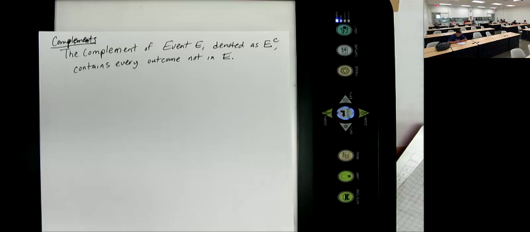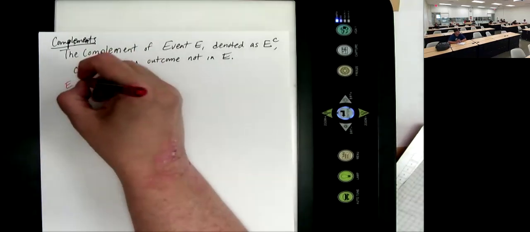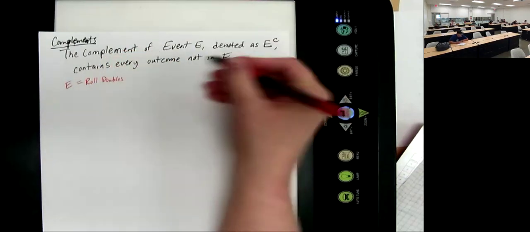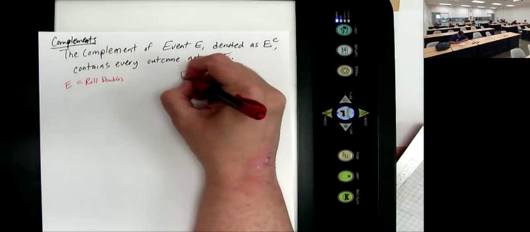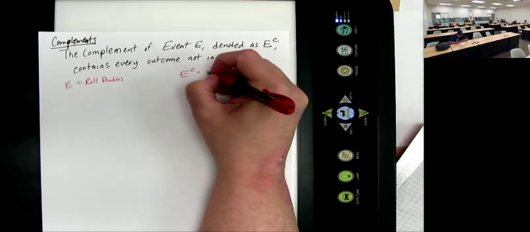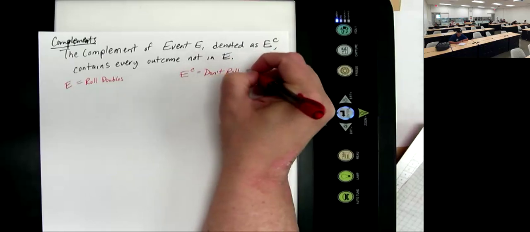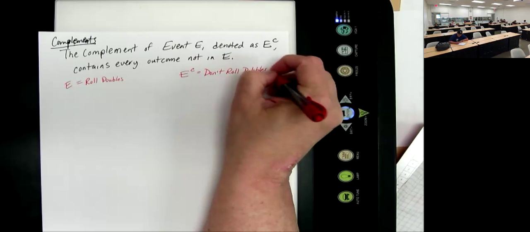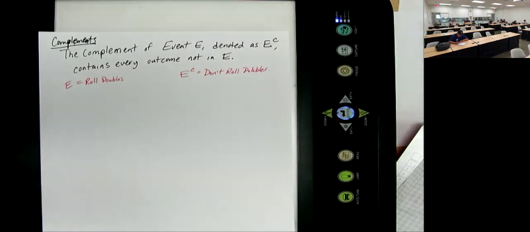So like if E was roll doubles, then E complement is don't roll doubles. Does that make sense?